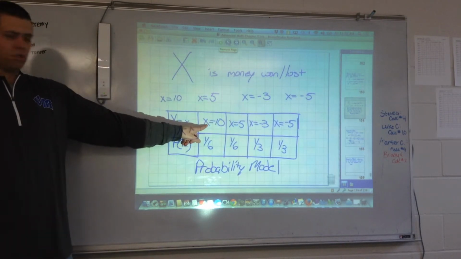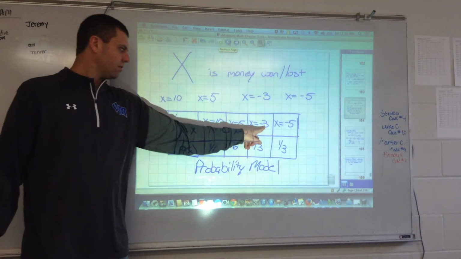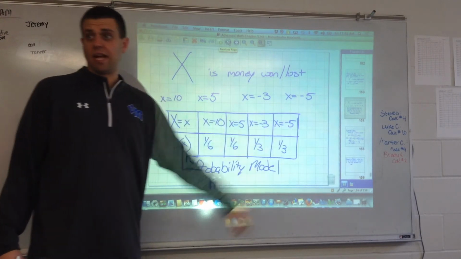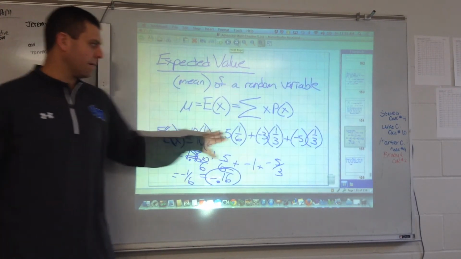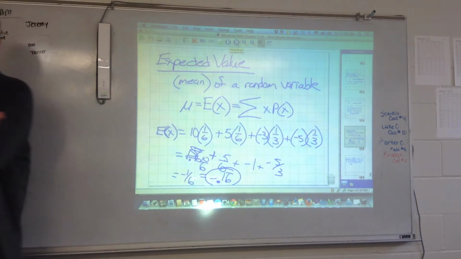Because then this would have just been 8, this would have been 3, this would have been -5, and -7. And that would have definitely had a big impact when you found the expected value, and you would have noticed that on average you would be losing.